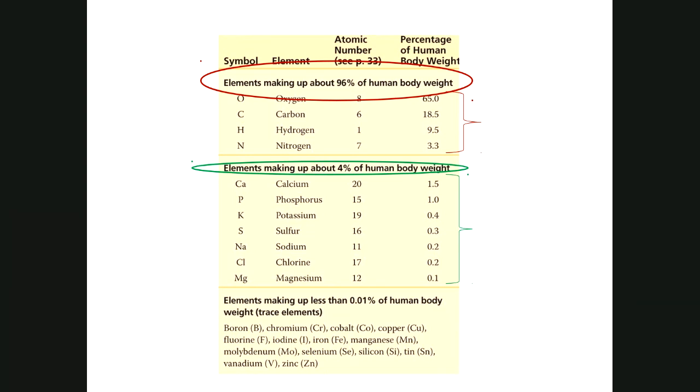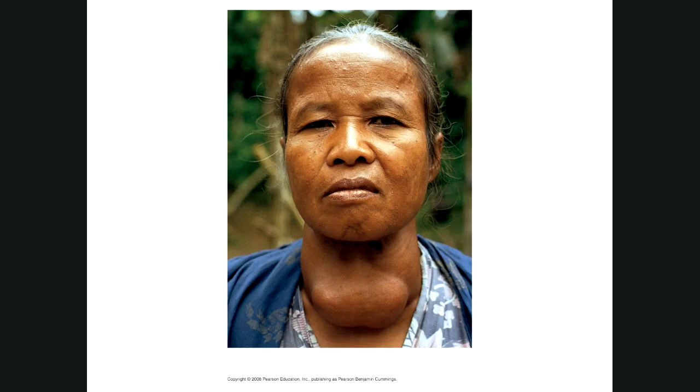And one of them, which is the most important one for human health, is iodine. If you look at the iodine over here, this is one of the minute quantities in the human body. Iodine deficiency can cause deadly disease, like these poor ladies here.